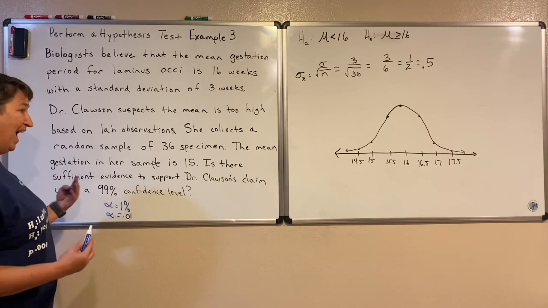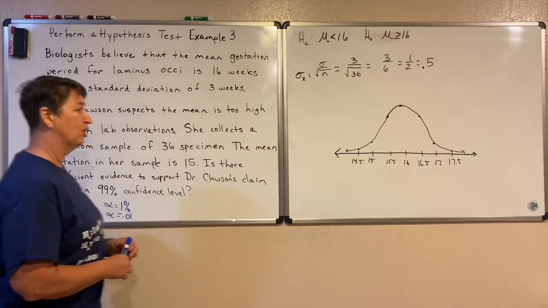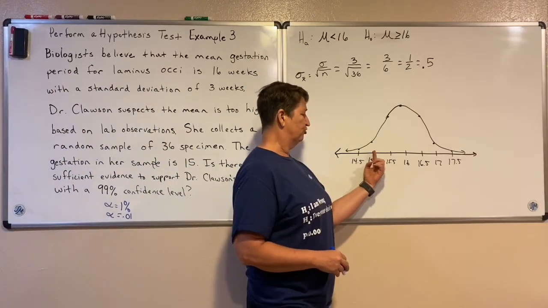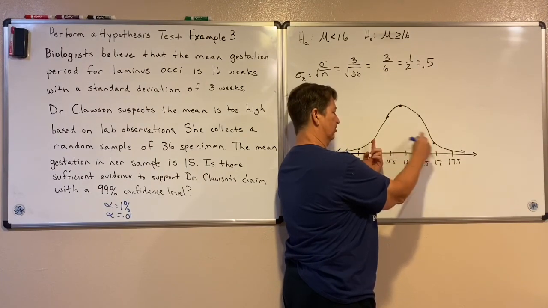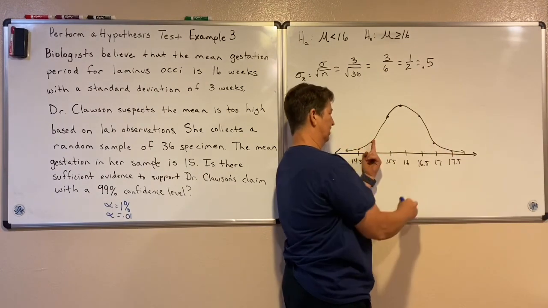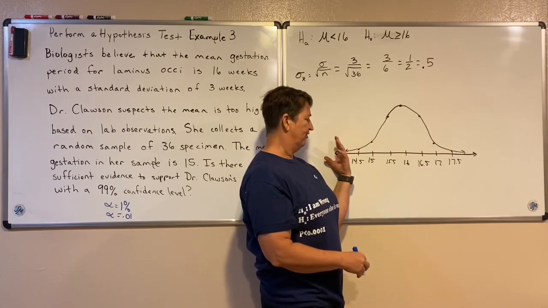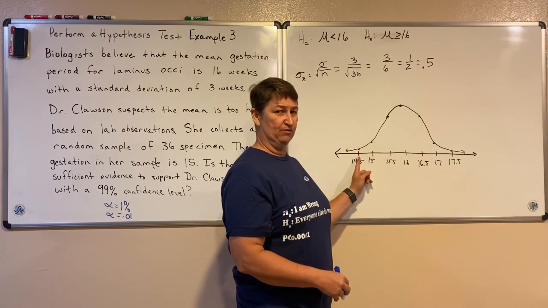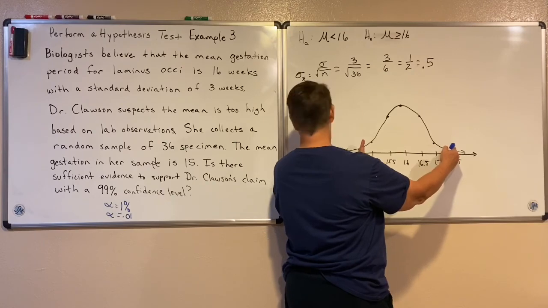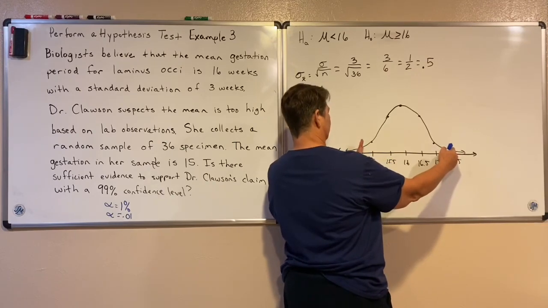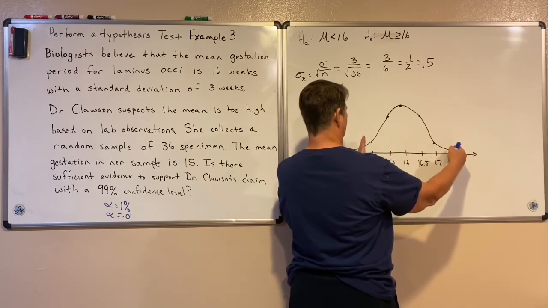So to come out that far, well, that's pretty far out there. I know at two standard deviations, that's 95% in here. On the outsides, that's 5%. Cut that in half for just a left tail, and it's 2.5%. So it's further out than that. But it's not out 3 standard deviations, because 3 standard deviations is 99.7%.